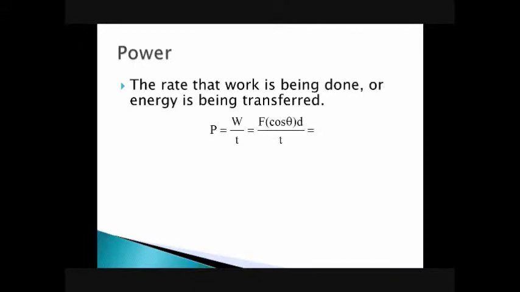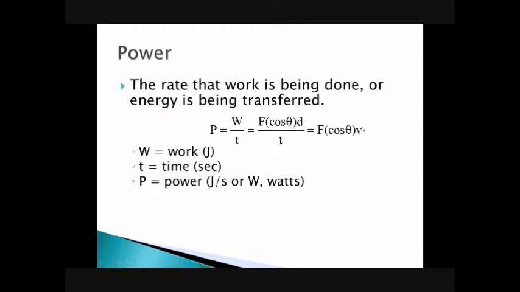Now if we put in the expression for work and recognize that displacement divided by time is equal to velocity, another way to calculate power is by looking at the force and how fast the force is being applied. Not how far, that's work, but how fast the force is being applied. Work, of course, is in joules, and time is in seconds.